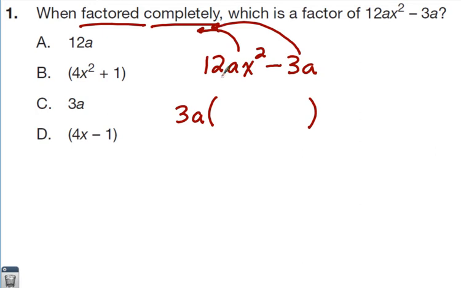So it's like we're doing the distributive property backwards when you factor out a GCF. And so what's left over from the 12ax squared would be the 4x squared. In other words, 3a times 4x squared would get you the 12ax squared. When you divide 3a from 3a, what's going to remain in the bubble is a 1.